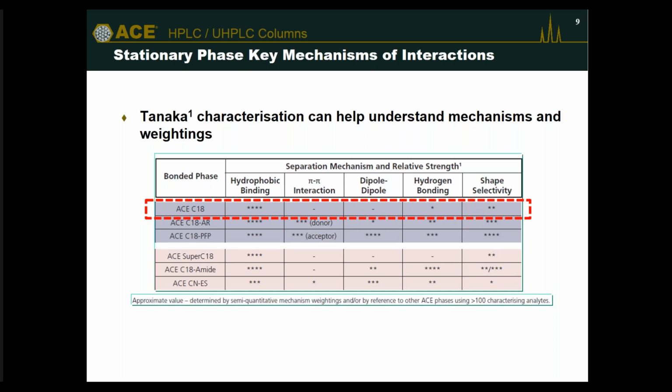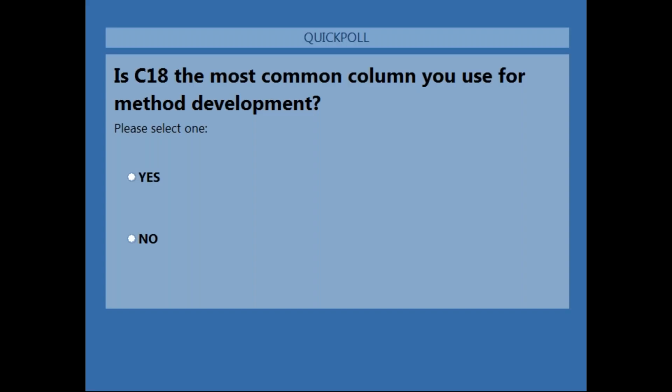And what I'd like to do now is ask a second poll: is C18 the most common phase that you use for your method development? I think that it is the most common phase, but of course it's always interesting to see other people's perspectives and the types of column chemistries that you use in your laboratories.